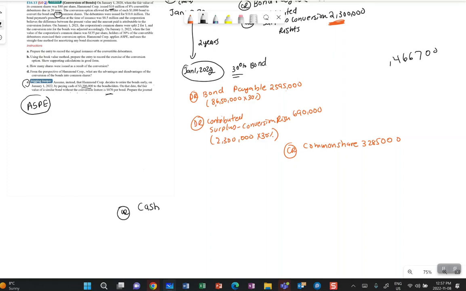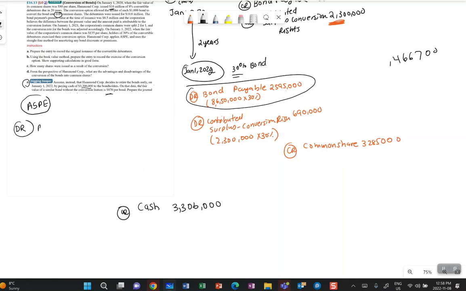The cash we paid to retire the bond is 330,600. Now we need to calculate the carrying value of the bond. The carrying value is still going to be the same. We're not converting the 30%, but we're retiring the 30%.